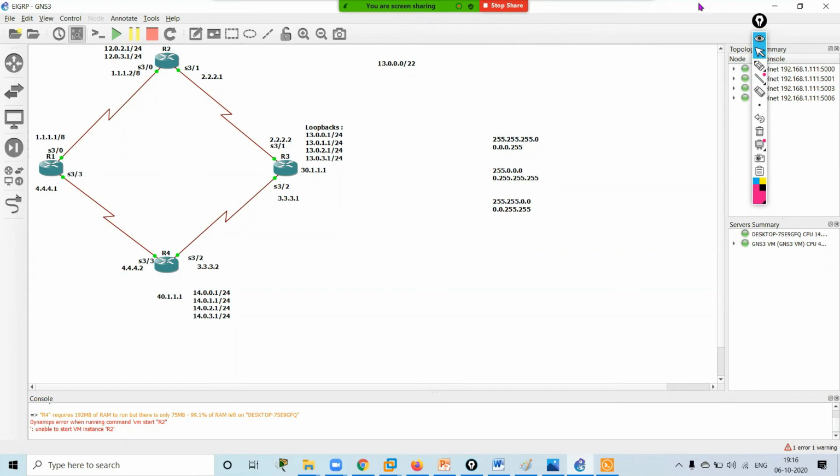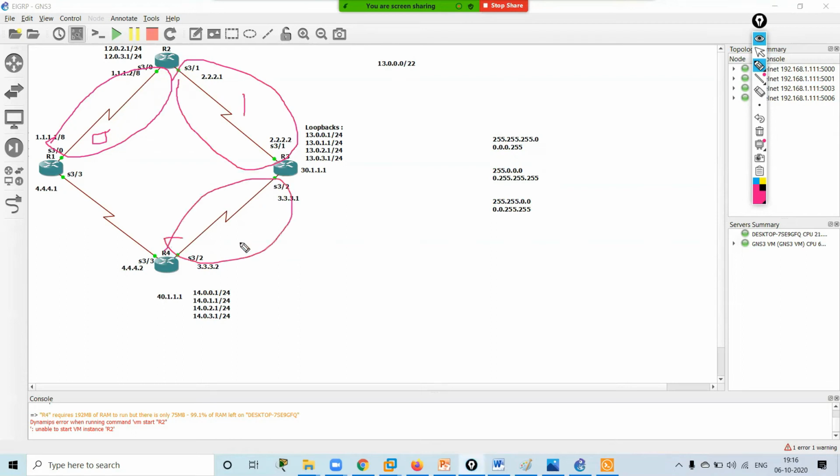So if suppose I have designed a network in this way, these are my routers. What I did, I made these my area 0, this my area 1, and this my area 2. Now there is no link in between this. Consider there is no link. Now my area 2 is not directly connected to area 0.